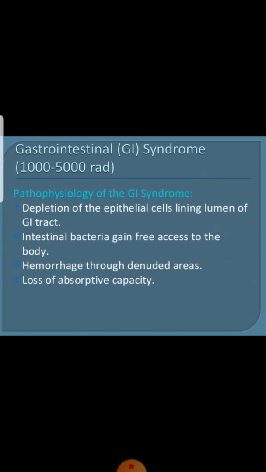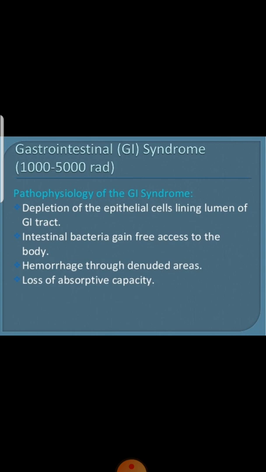The next syndrome is Gastrointestinal Syndrome, and we will also learn it in points. So the first point is the range of dose that is required to induce the gastrointestinal syndrome.